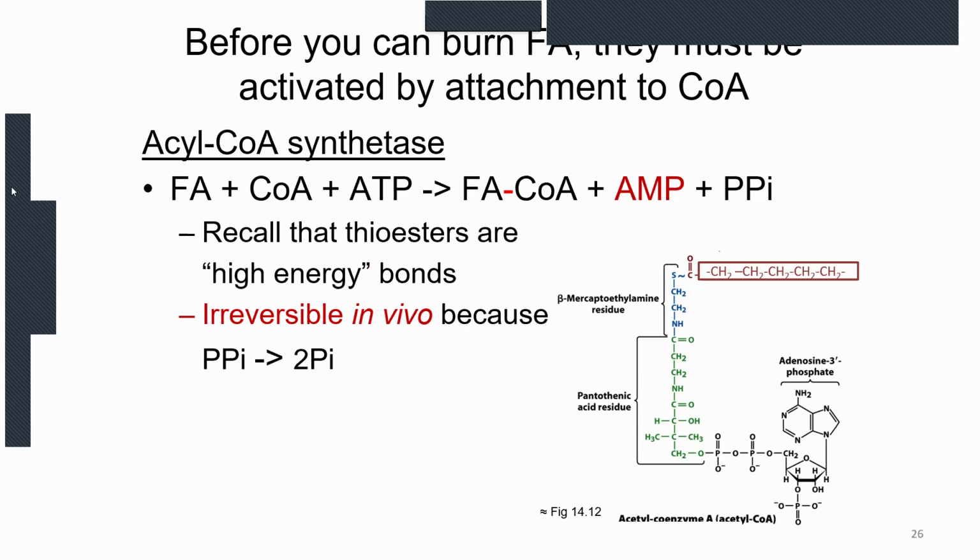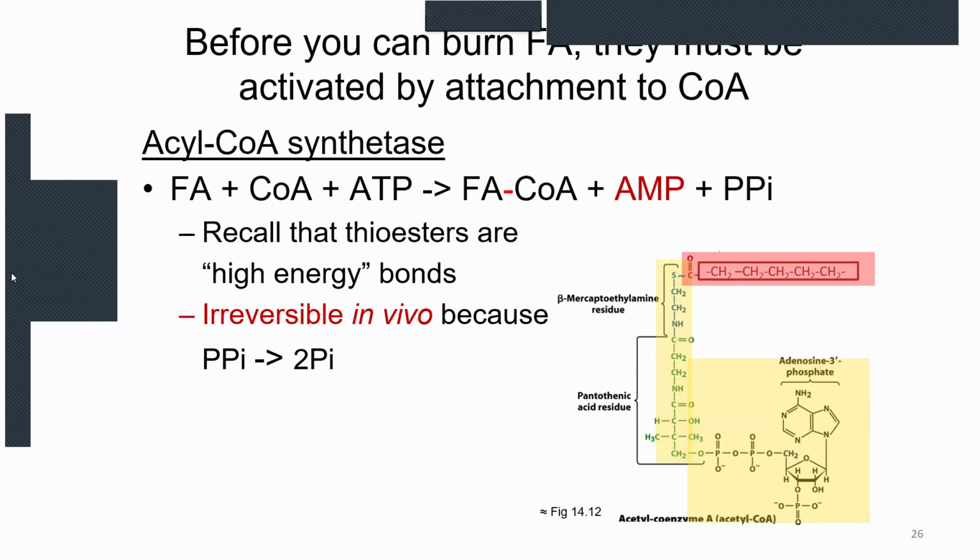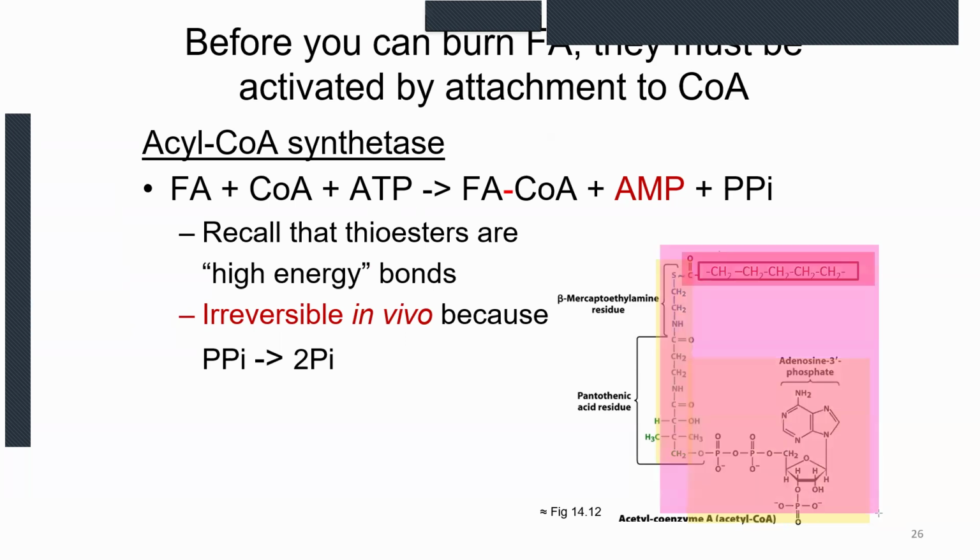I'm going to take a couple of different squares in order to draw this, but this and this make up coenzyme A. What that means is that the alkyl chain of a fatty acid is that right there. So we have to take a fatty acid, add coenzyme A and ATP to make FA-CoA, which I'm going to change colors to highlight. This whole thing is FA-CoA.